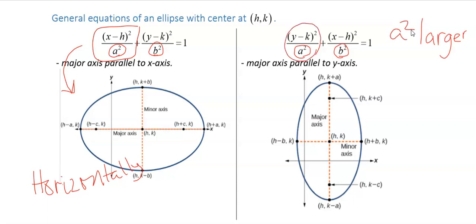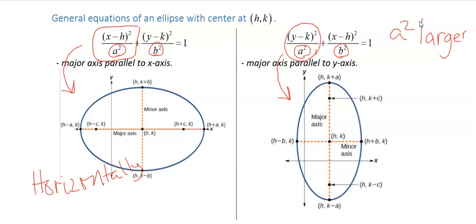I usually don't write them like that. I usually always write the x squared term first. You don't have to, but that's typically the way I do it. But if the larger number is under the y squared, then your ellipse is elongated vertically. And you'll notice in that case your major axis is vertical, your minor axis is horizontal, and so on. All right? That's important to remember as well.